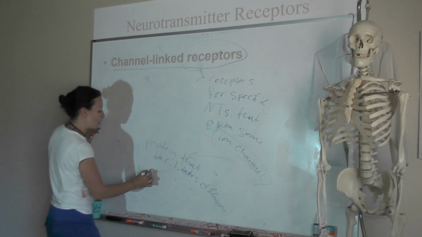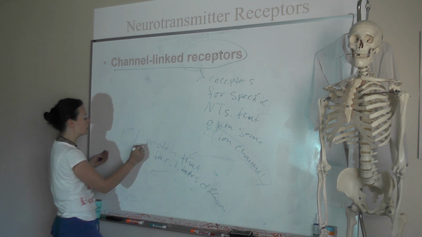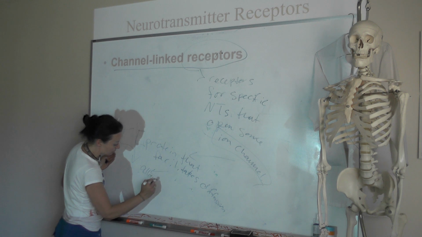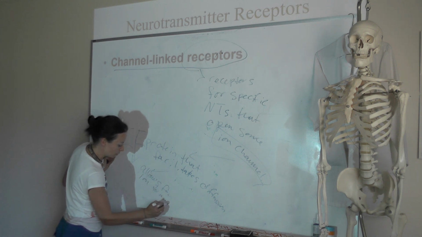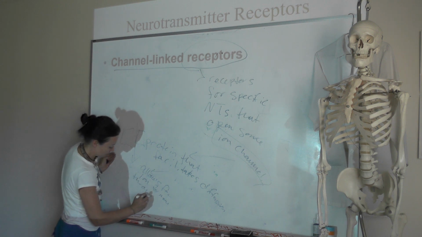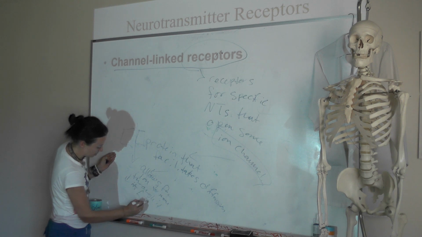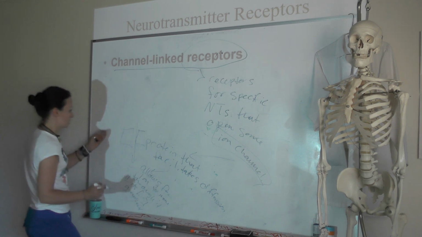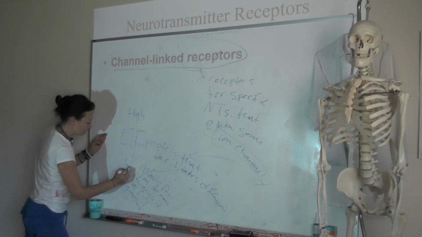It's going to allow for an ion to move through it from high concentration to low concentration. So it allows for an ion to move through it down its concentration gradient, so from high to low.